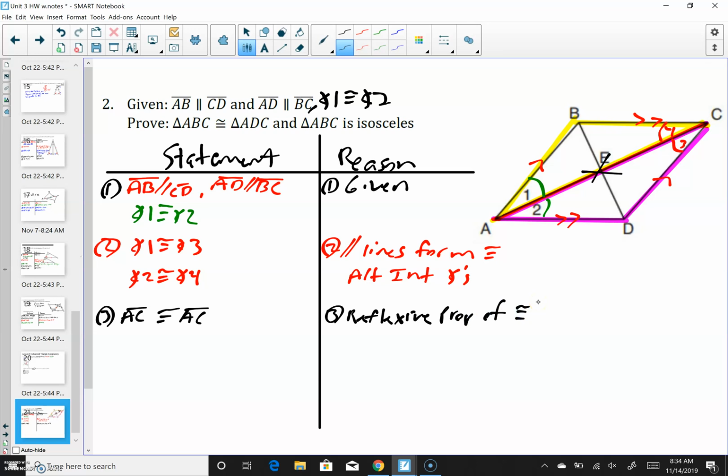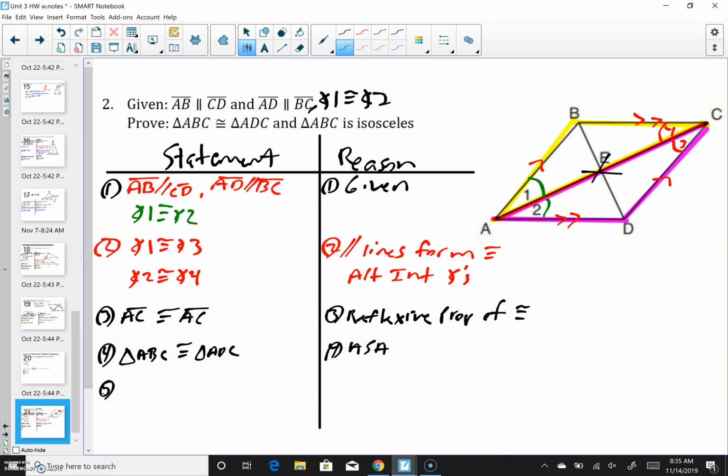Now if we look at our 2 triangles, in our yellow triangle we have angle, side, angle. And same thing on the bottom, we have angle, side, angle. So our two triangles are going to be congruent. So ABC is congruent to ADC, angle, side, angle.